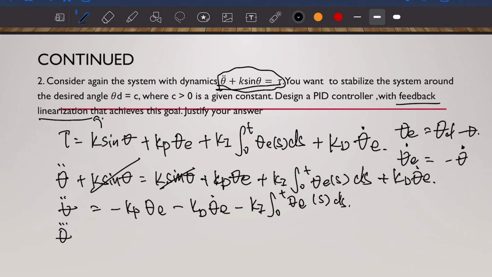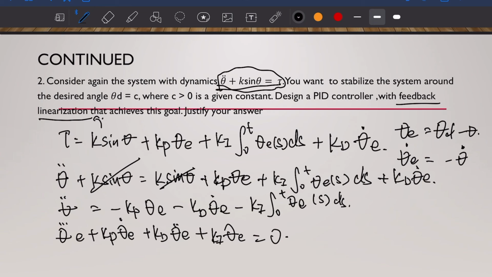Then with the derivatives of this equation, we have theta E dot plus Kp theta E dot plus Kd theta dot E and plus Ki theta E equals to 0.